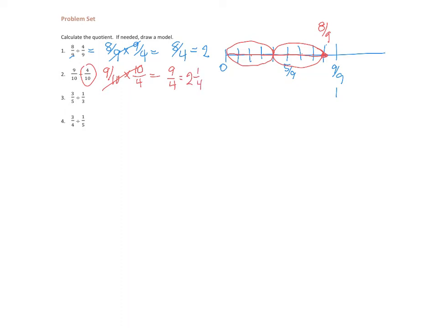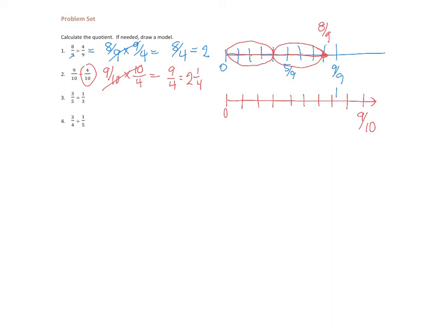Okay, so now let's see what this is going to look like. I'll do my number line right down here, and I'm going to count by my tenths. So here's my 0. 1, 2, 3, 4, 5, 6, 7, 8, 9. Here's 9 tenths. 10 tenths would be 1 whole.